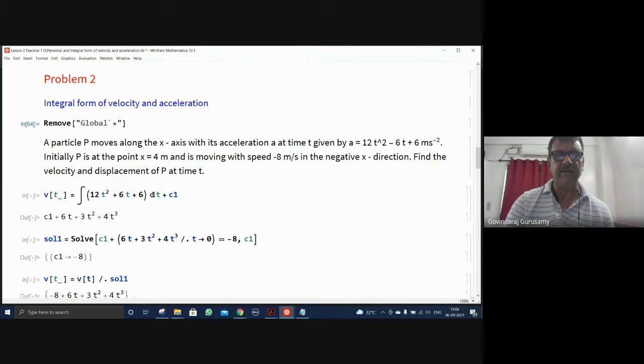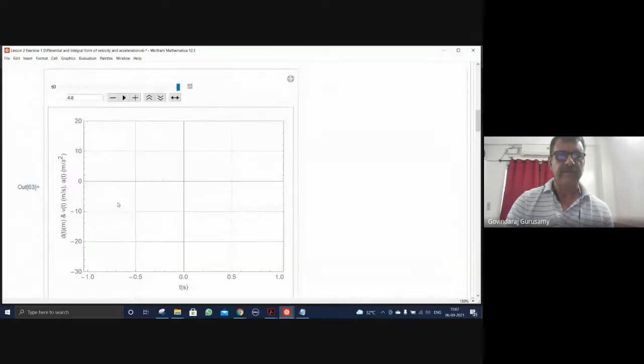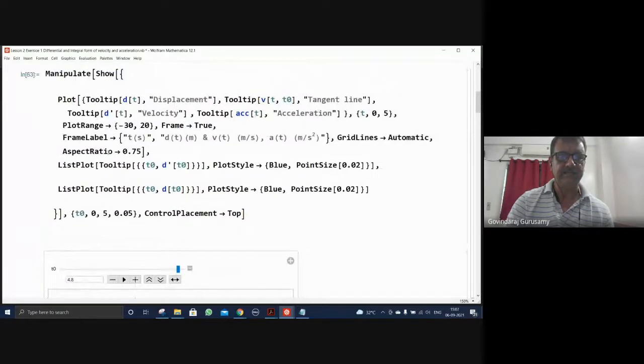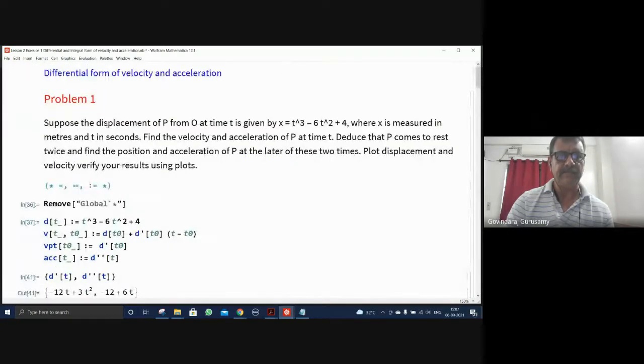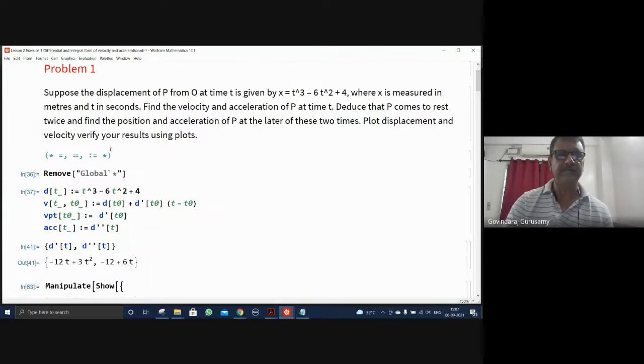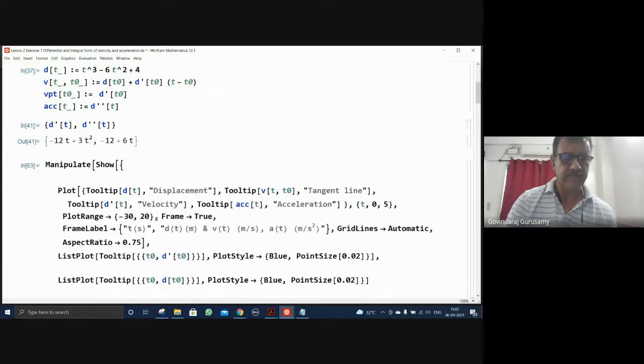The particle P moves along the x-axis. This is important, which means whatever you are learning in Newtonian mechanics, there are many physical or vector quantities. Whatever you have learned as displacement, velocity, and acceleration are all vector quantities. That's why the problem is described like, suppose the displacement of P from O at a time t. It has a direction. Because it's a directional quantity, we are taking derivatives, and that's also a directional quantity, and the double derivative also has a direction.